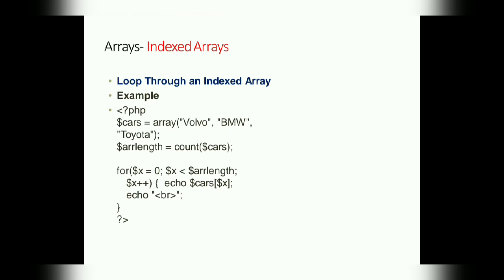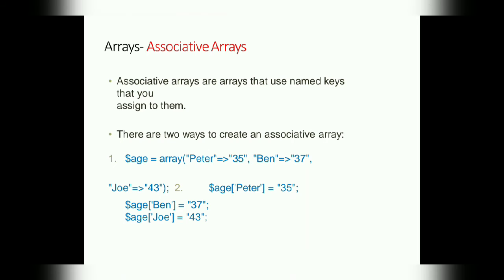Here for looping, I have used the for loop. The for loop with $x equals 0, I have used the variable $x. So initialization, I have started with the index 0, and $x is less than $arrayLength, and $x plus plus. And inside the for block, I have provided echo $cars[$x] and echo break.